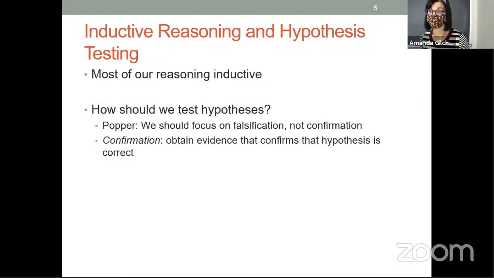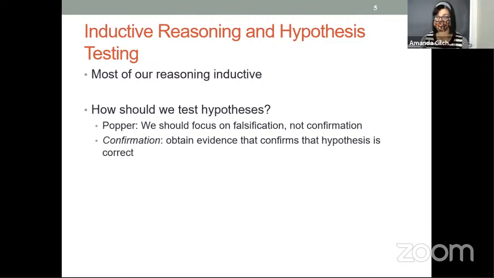Inductive reasoning is different. We start with a general idea and we move to something more specific. An example of this is theory testing and hypothesis testing. From a very general theory, we develop a specific set of expectations or conclusions.